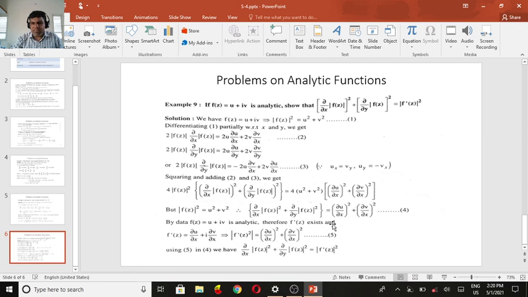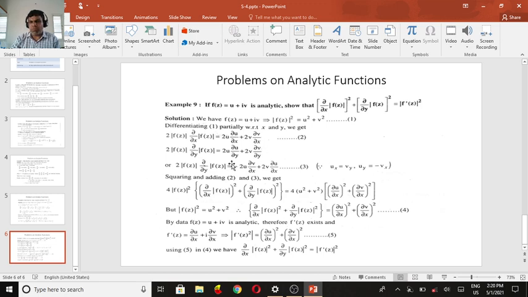Here, the right-hand sides are equal. So we can write that the absolute value of the derivative of f(z), whole squared, should be equal to ∂/∂x of mod f(z) whole squared plus ∂/∂y of mod f(z) whole squared. This is true.